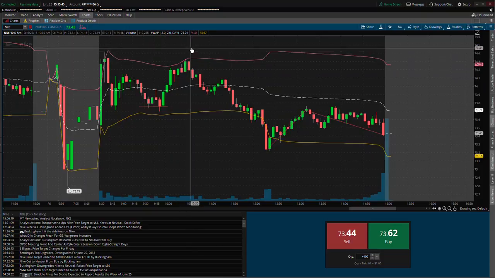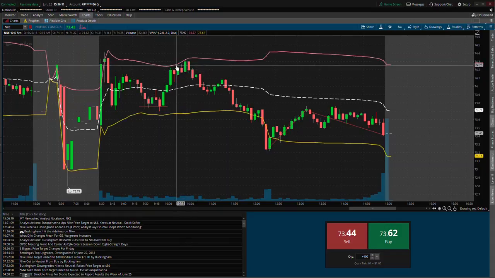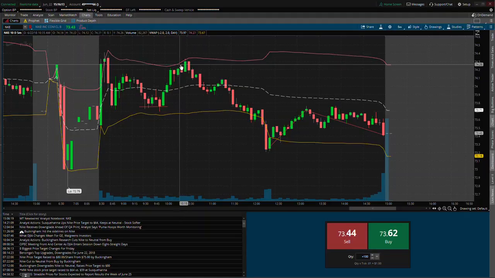Even if it would break past this upper band a little bit, do not have regret that you did not hit it at the top. Because if you always try to hit it either at the bottoms or the tops, you're going to pass up opportunities. So you need to consider to start locking in your profits as it gets to this upper band, because it's not going to stay near that upper band for too long.